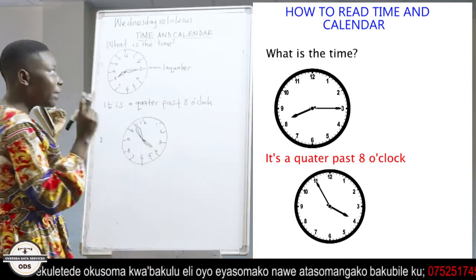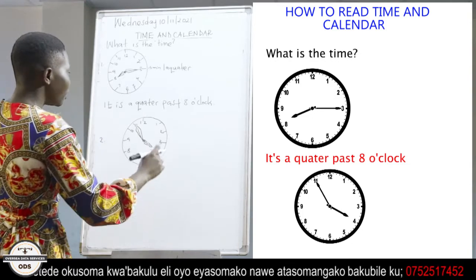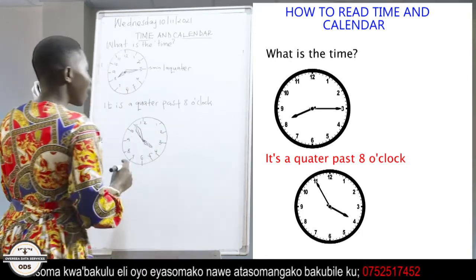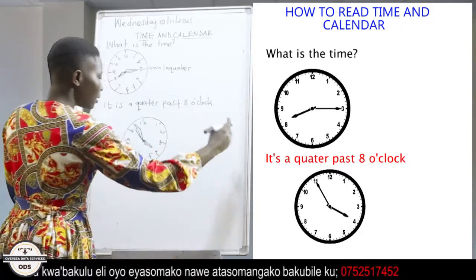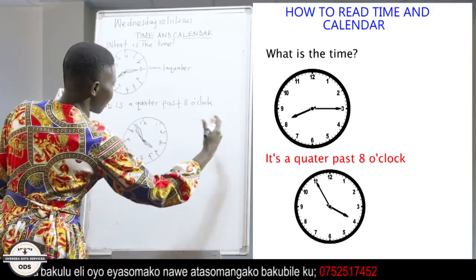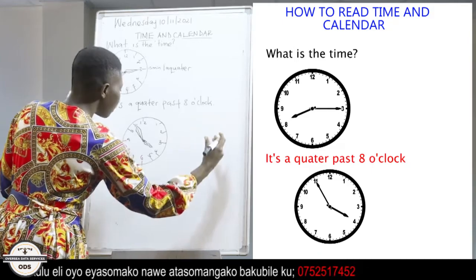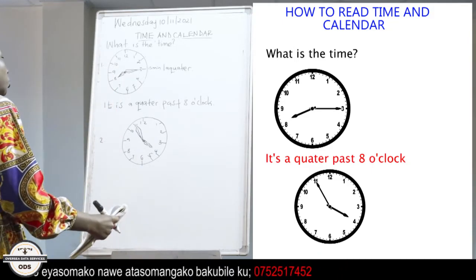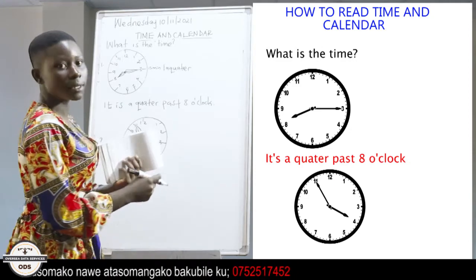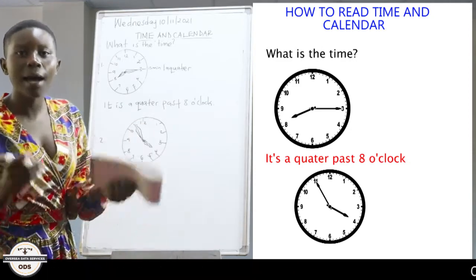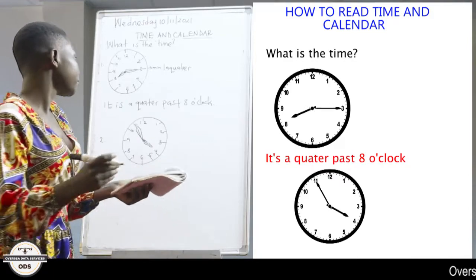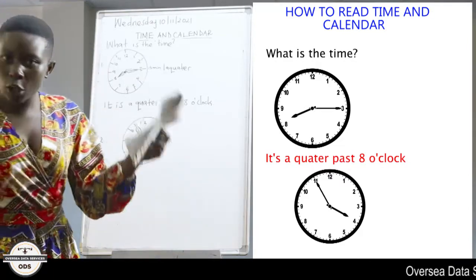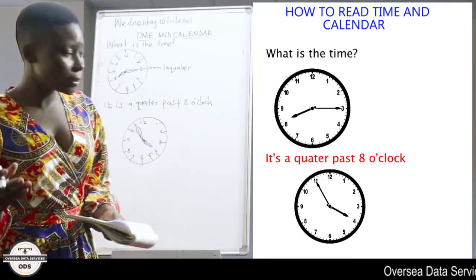So remember, I told you that when the minute hand is pointing at the right side, this side here, we use past. But when it is pointing at this side here, we use to. So we have to count the minutes anti-clockwise.